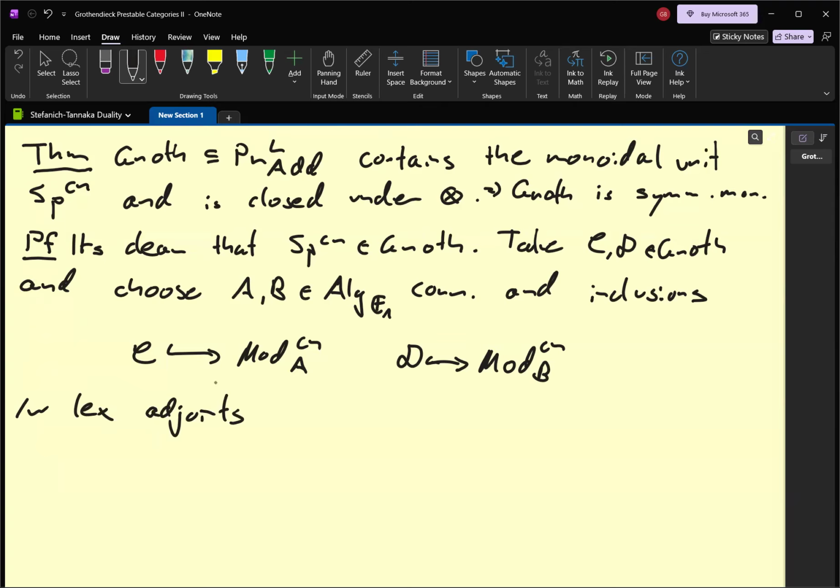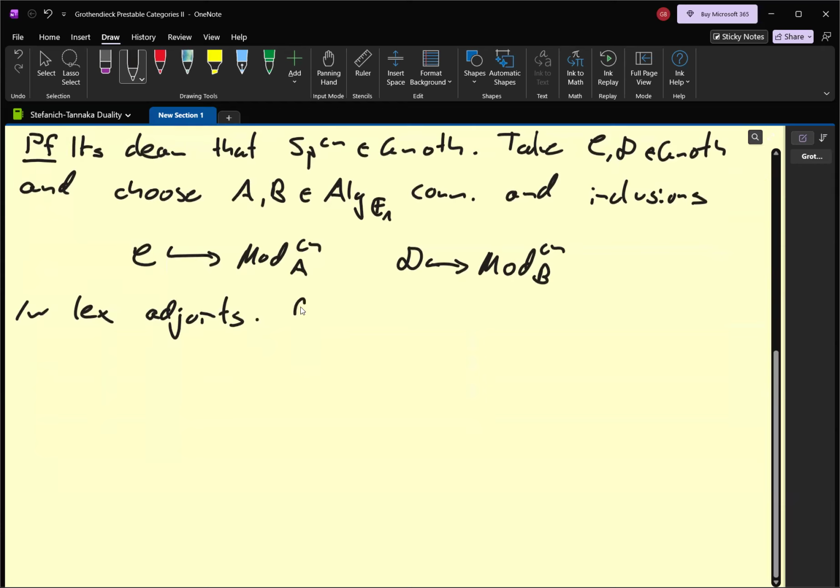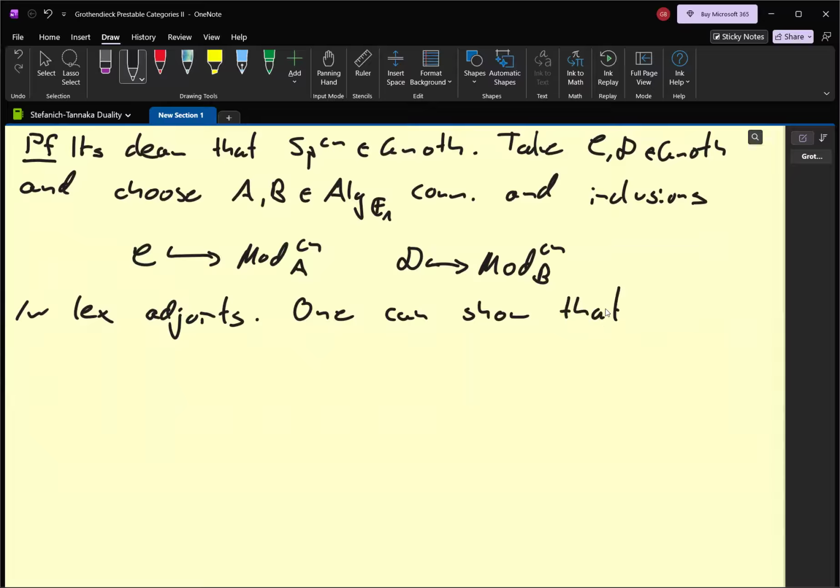I will not do this in detail because it's a little bit technical, but one can show that if I look at this category here, A tensor B modules, this is the same as A modules tensor B modules.